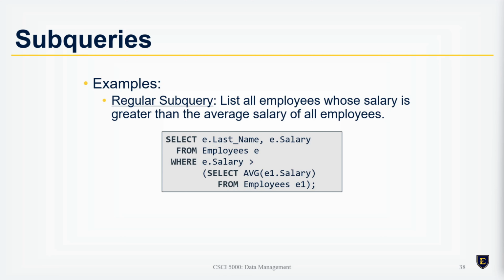So this is an example of a regular subquery. We calculate in the inner query the average of all salaries for all employees, and then compare that value in the outer query and look at that for every row in the outer query. How does it match up with that average?